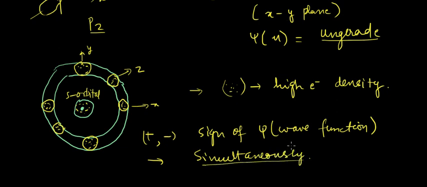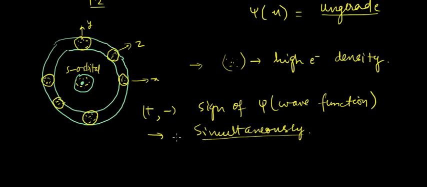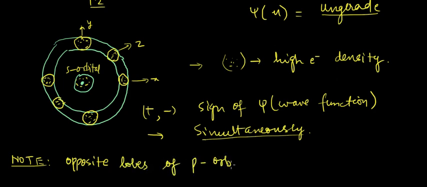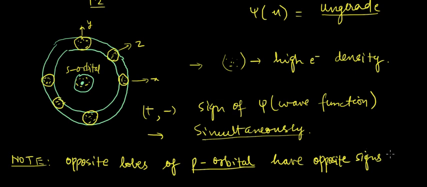So you can just have a note here that opposite lobes of p orbital have opposite sign of phi. It is actually but obvious, but just for the sake of documentation.